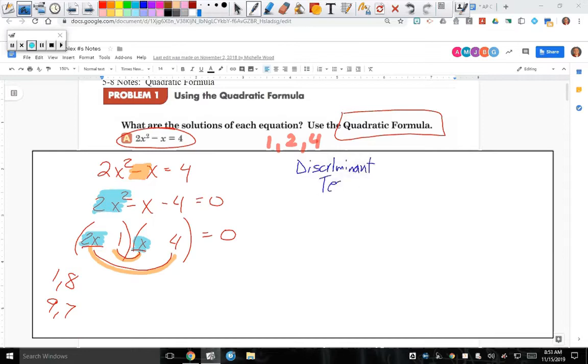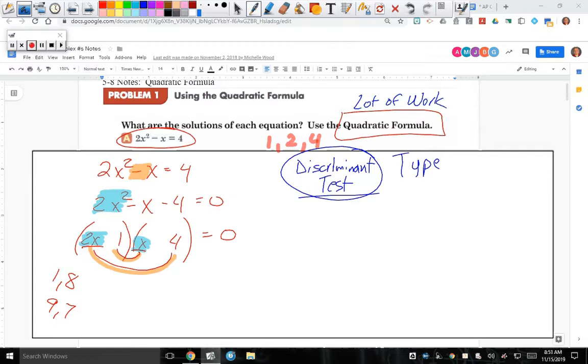called the discriminant test. And the discriminant test is about to tell me what kind of answers I am going to get before I do all this work. Because this is a lot of work. And before I do it, I want to know what type of answers I am going to get.